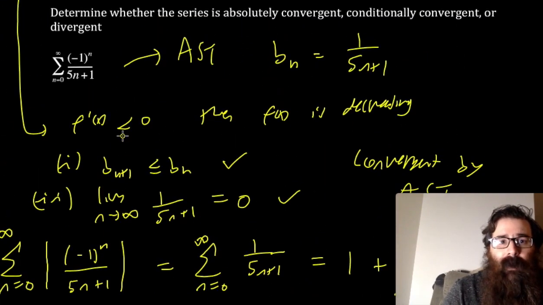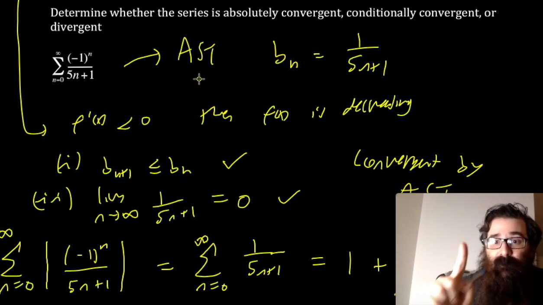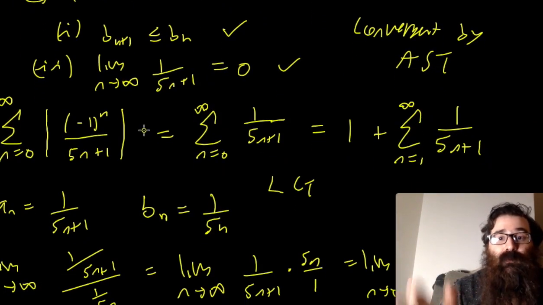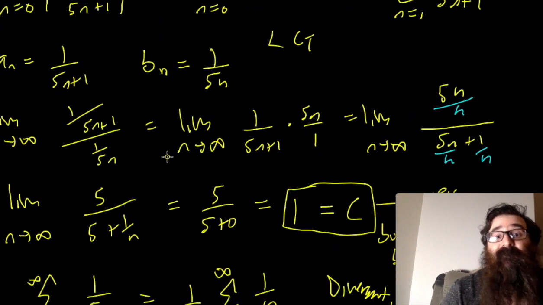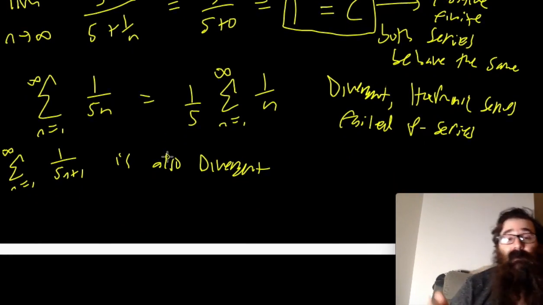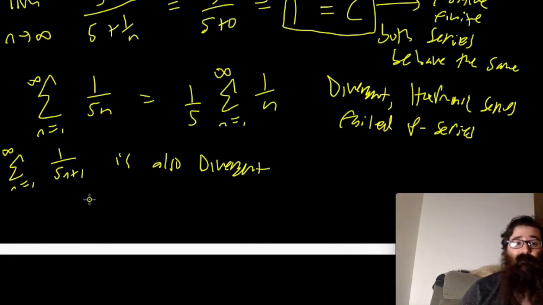So what did we find out from all of this? Because we did a lot of work for one problem. Alternating series test: it was convergent. My series is convergent. But when I put that same series in absolute value to check for absolute convergence, it failed. Which means it's convergent but not convergent enough. It's convergent but not absolutely convergent.